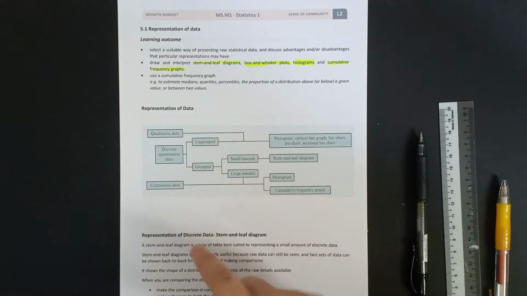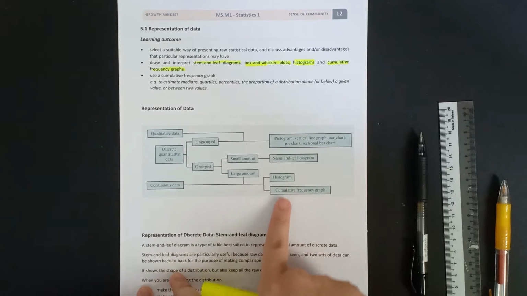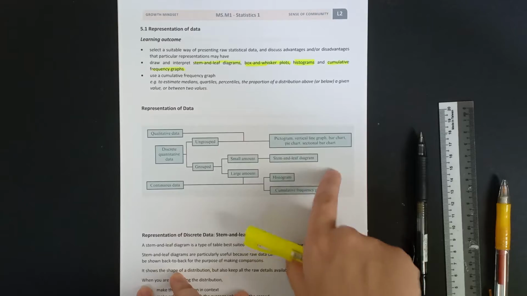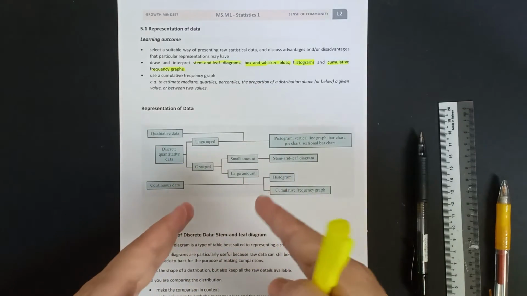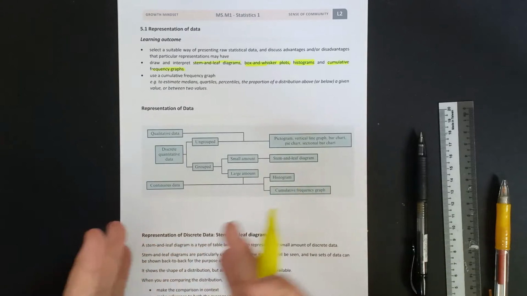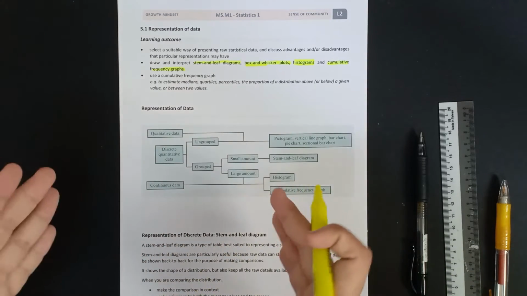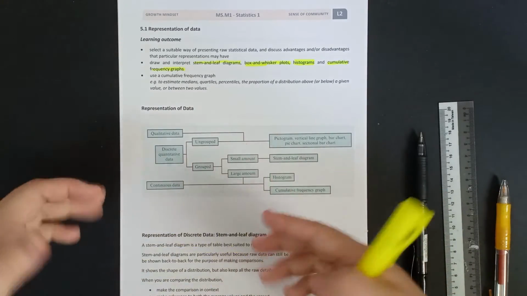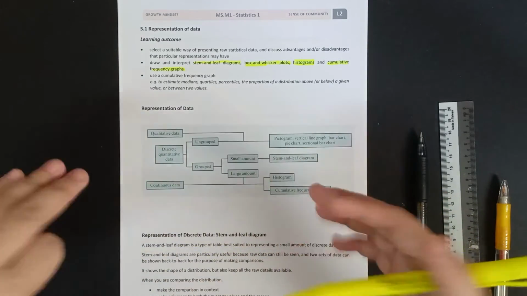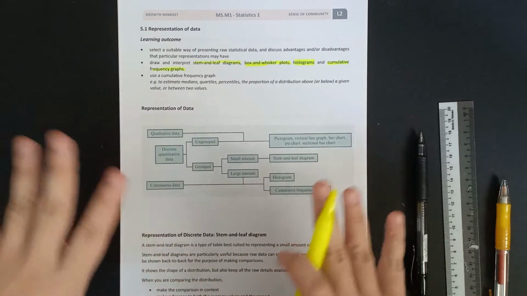For large amounts of data, we normally use a histogram and a cumulative frequency graph. You can see that box and whisker is not in the graph, because box and whisker plots are mainly on the measurement part. Don't worry, we are going to look at it later. This is just an introduction to everything for today.